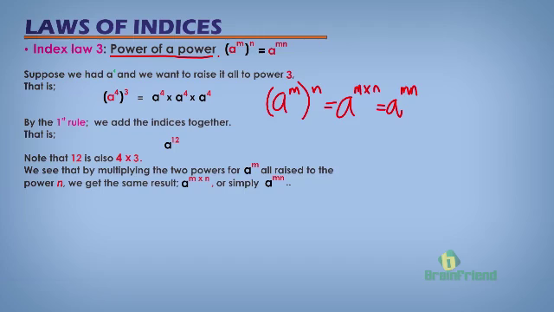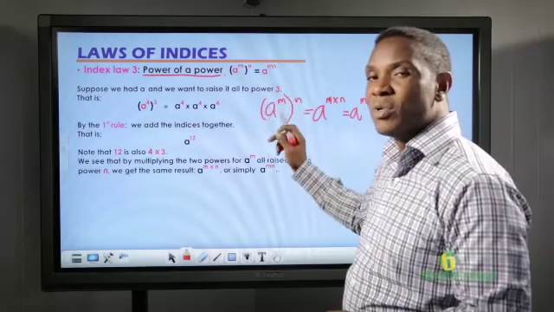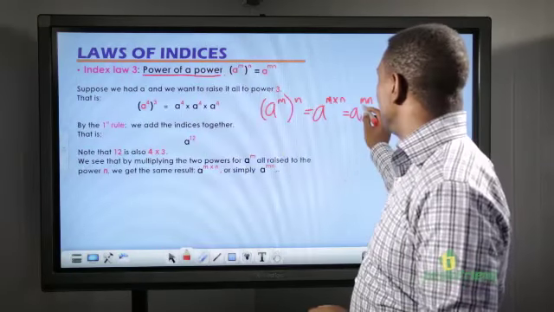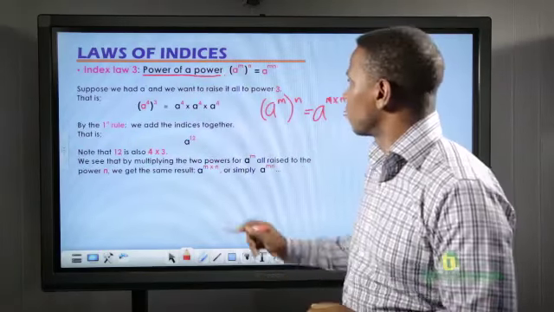So, when you have a power raised again to another power, simply multiply the powers to give mn. Let's try and prove if this law is correct or not.